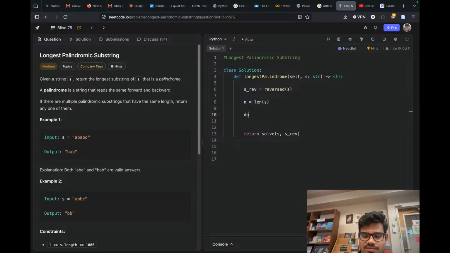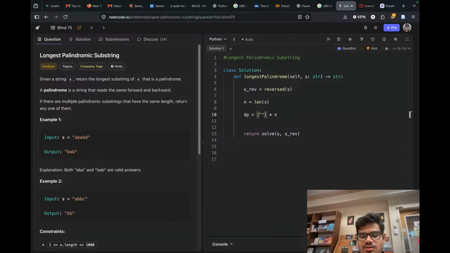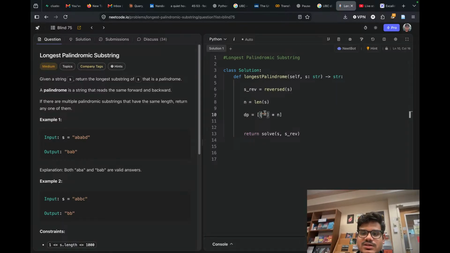You can create a DP, which will be a 2D vector of strings, so the value is a string. This will be of size n, right? So there are n of them.